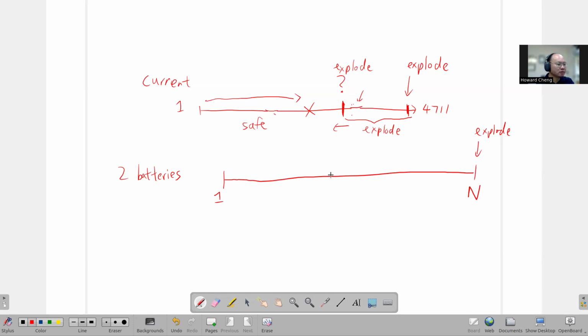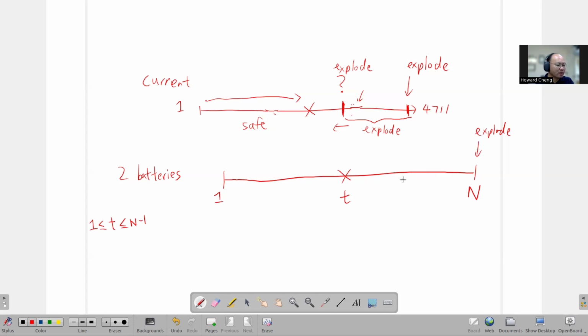I don't know, but let's call it T. So we're going to try T, and T can be anywhere from 1 to N minus 1. Why do I not check N? Because I know that for sure N explodes. This is the input. They tell me that N explodes.